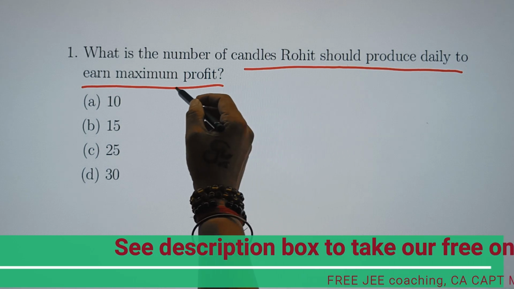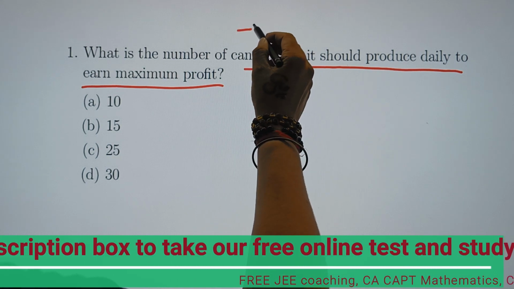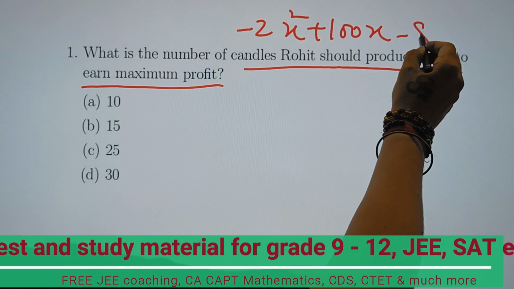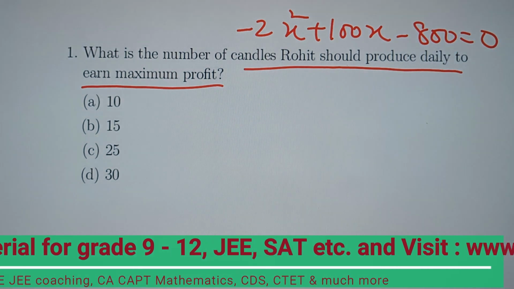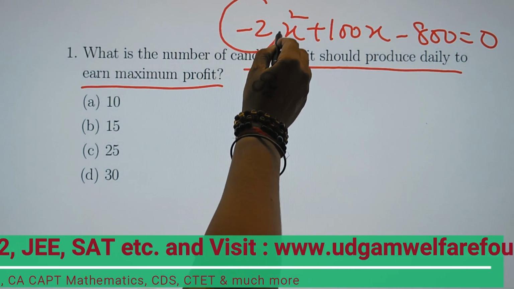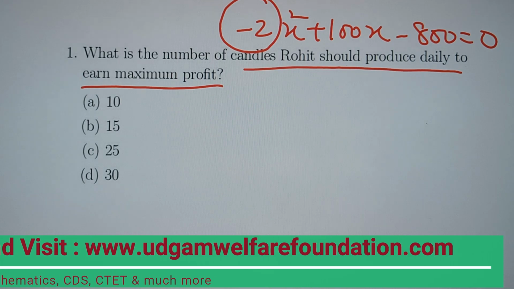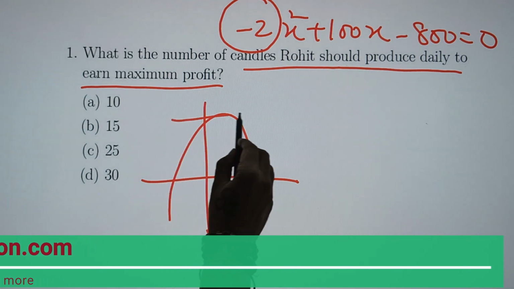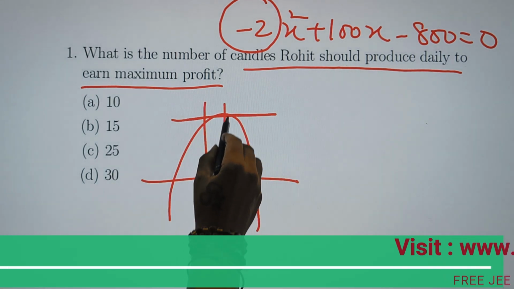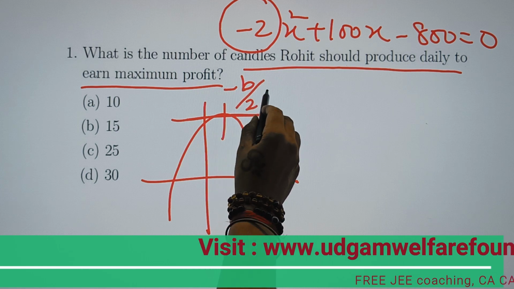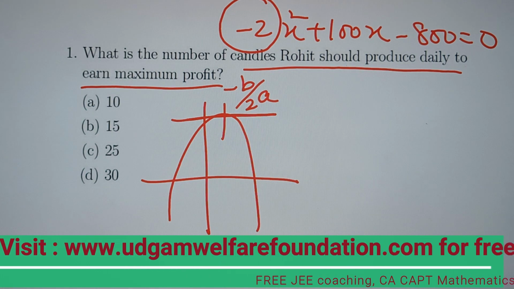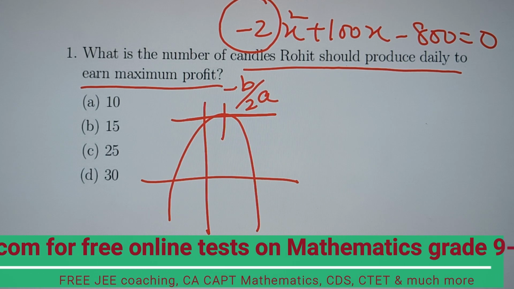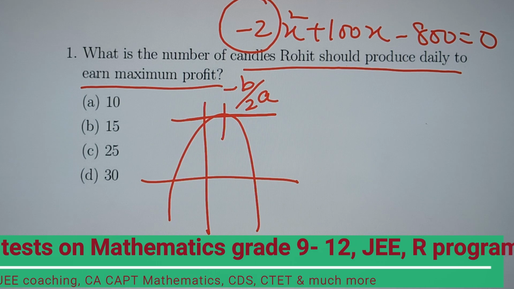Here we have the quadratic equation, which is -2x² + 100x - 800 = 0. Since the leading coefficient is negative, our parabola will look like this, where the vertex is the maximum value and is given by -b/2a. So this is going to give you the number of candles that Rohit can produce to get the maximum profit.